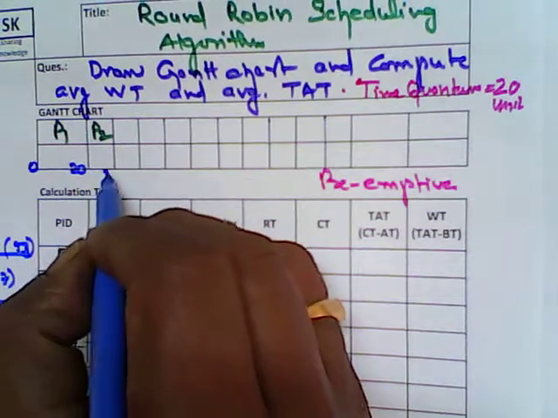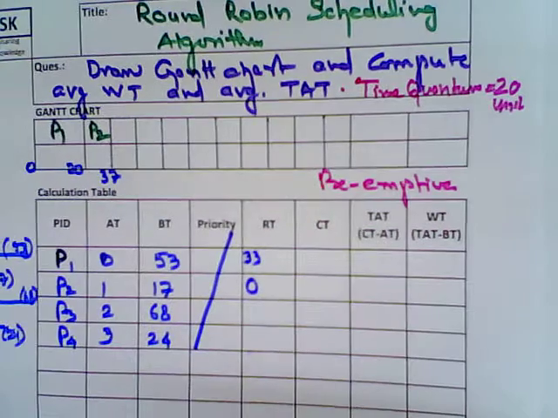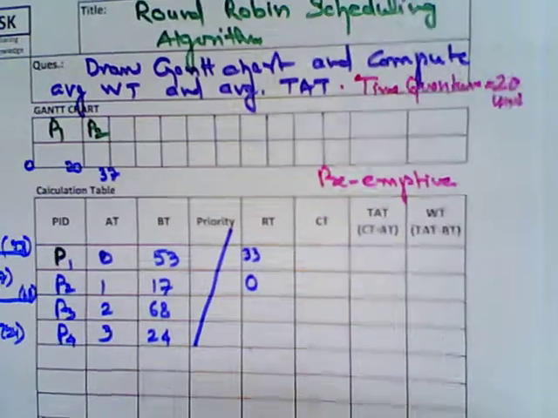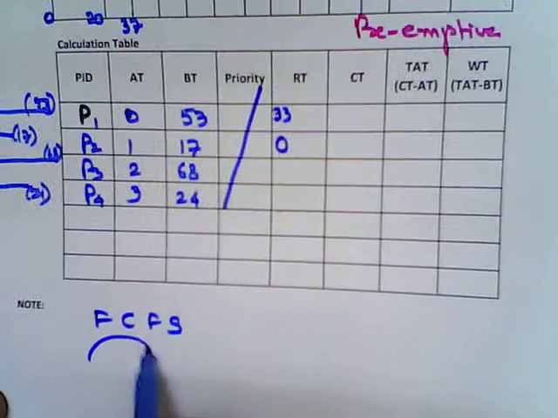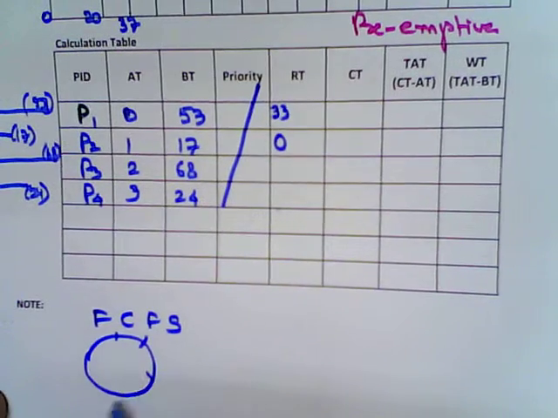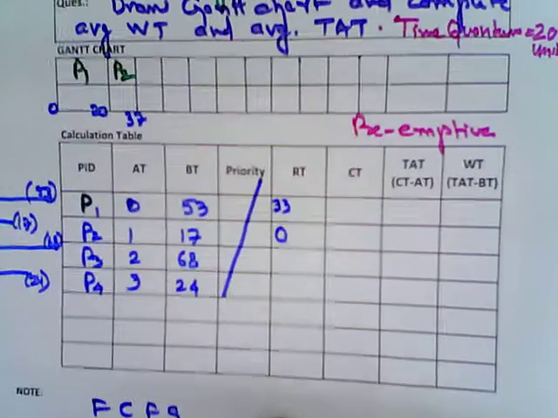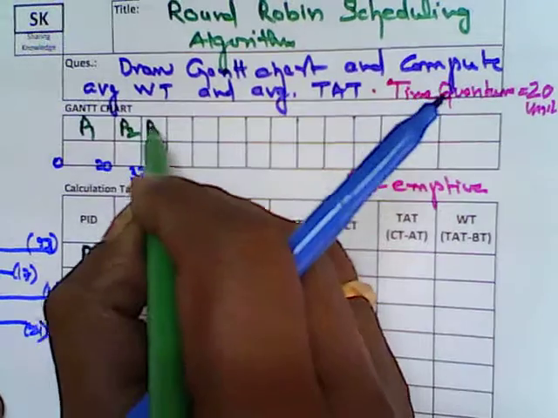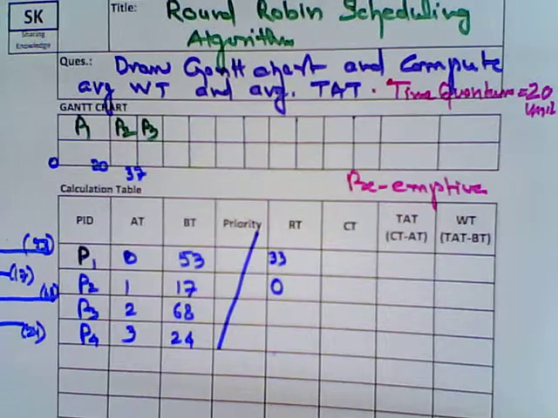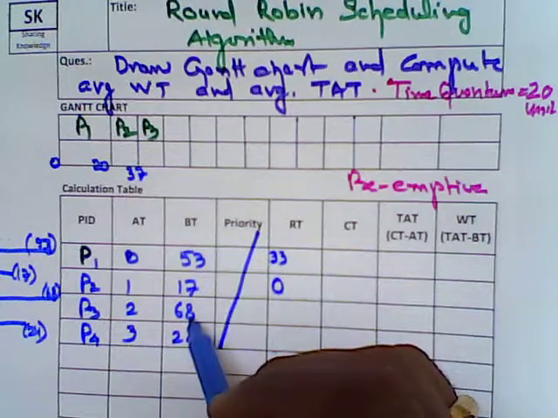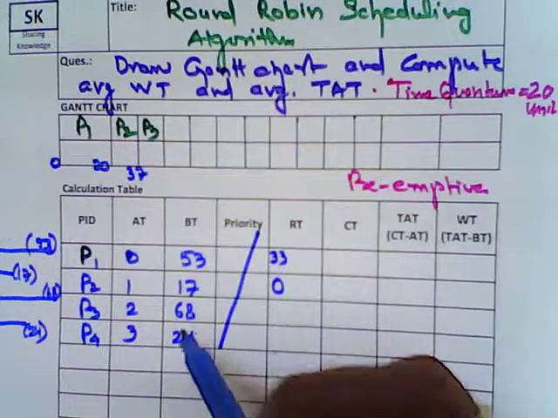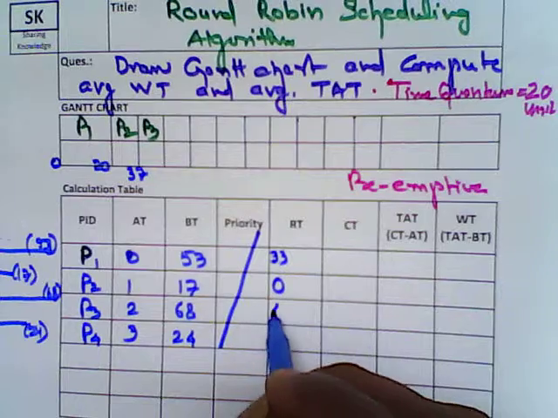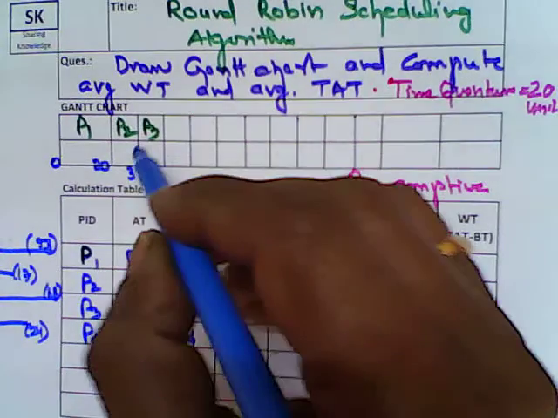After P2, the next process is P3, because it is like FCFS, it is like round robin, one by one, it keeps on moving. When we put P3, it will not take 68, it will take 20 units. So 68 minus 20 is 48, and we add 20 to get 57.